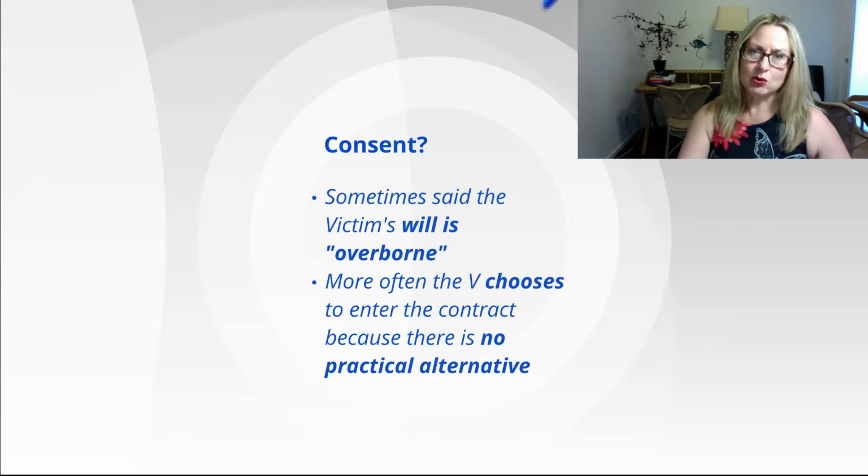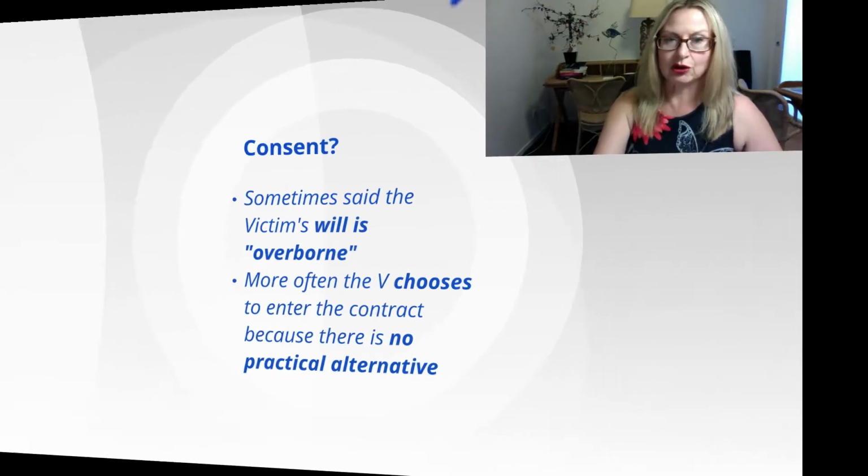More often now, rather than saying that duress is a case of a victim's will being overborne, you'll hear courts, particularly in terms of economic duress, talking about, well, the victim really had no other practical choice but to enter the contract. So they were aware of what they were doing. They had capacity. They understood the choice that was in front of them, but really practically they had no better option than to go ahead and sign on the dotted line.